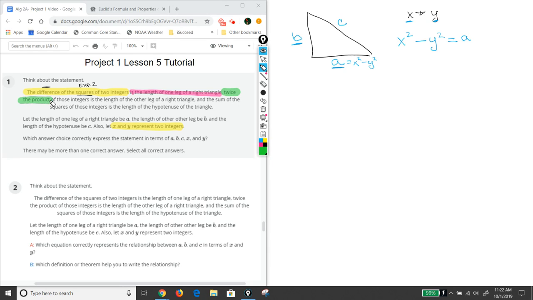Twice the product. Okay, twice the product, twice is 2, product is times. So 2 times those integers. Hey, we already know what those integers are. So it's going to be 2 times those integers, which we know to be x and y.